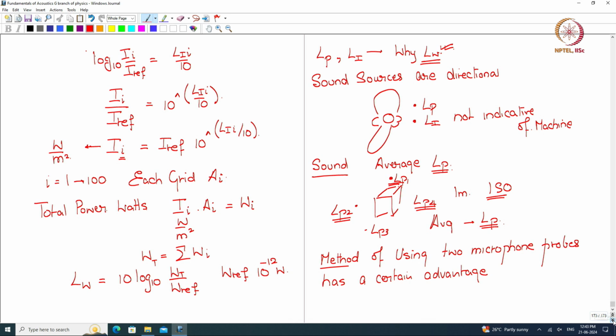What is that advantage? One is that we can measure in situ. That means where the machine is.